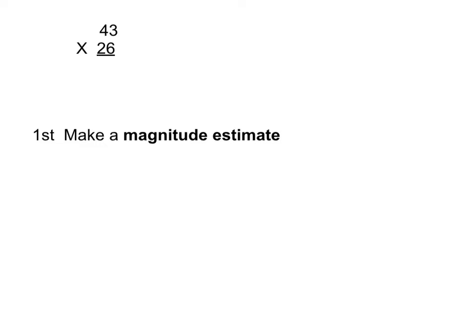In our example, 43 would round to 40. That's what it's closest to. So we take 43, that goes to 40. Next, we take the second factor, 26. That estimates to 30.